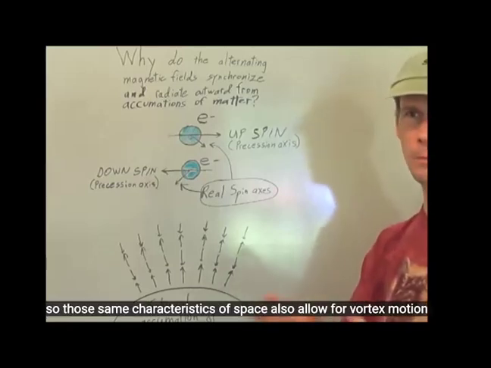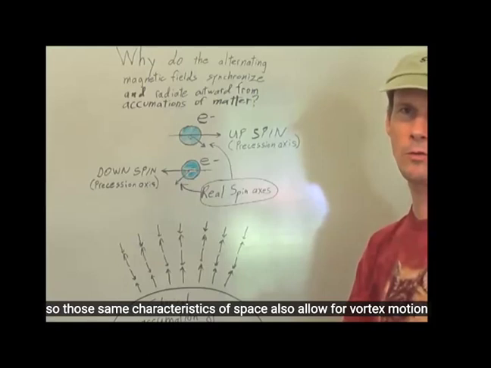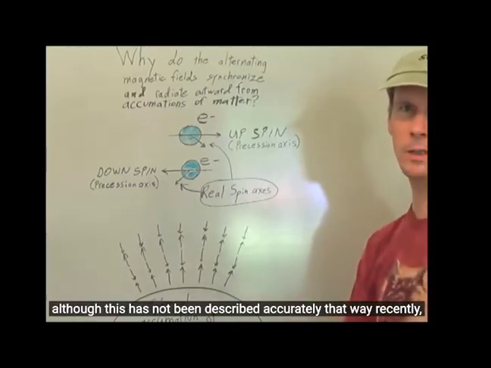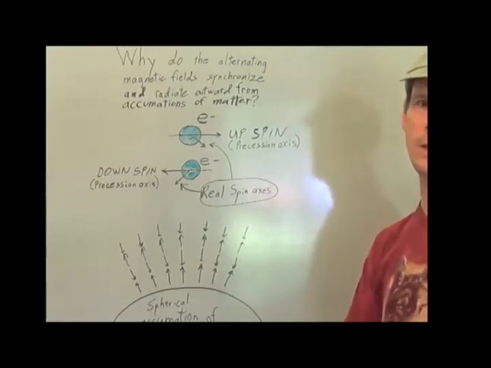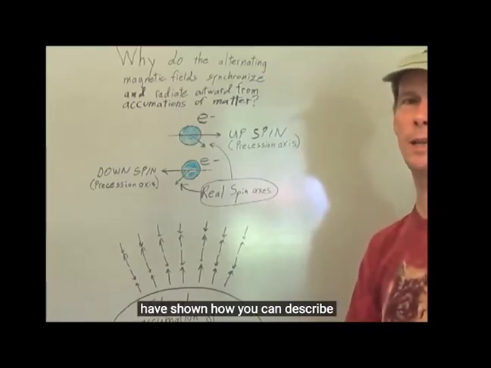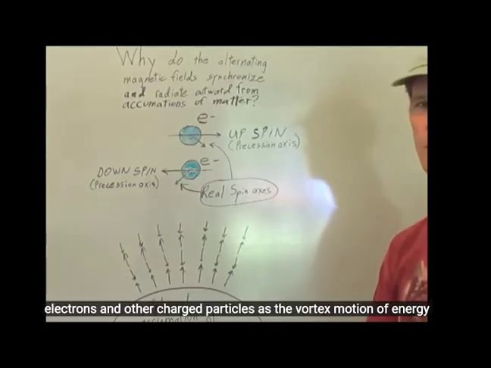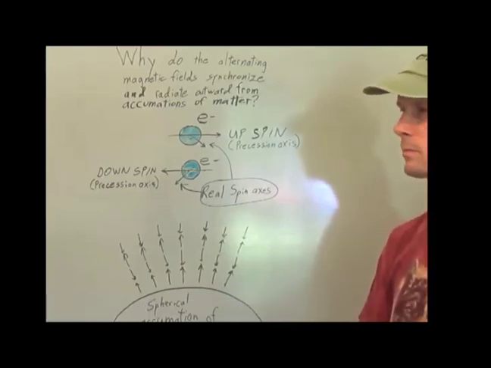So those same characteristics of space also allow for vortex motion, although this has not been described accurately that way recently. 100 years ago or so, Helmholtz and others showed how you can describe electrons and other charged particles as the vortex motion of energy.